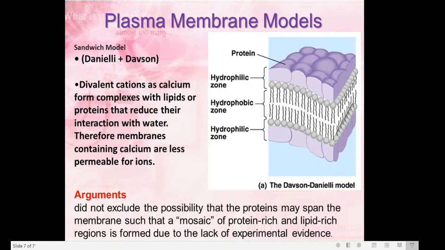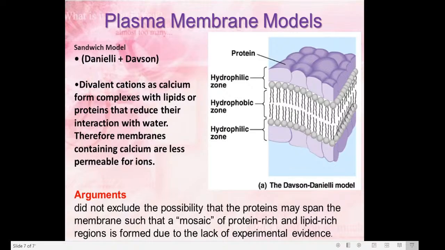In the sandwich model they explained the hydrophilic and protein structure alone. They explained that divalent cations such as calcium form a complex with a lipid or protein present in the plasma membrane, which reduces their interaction with water.